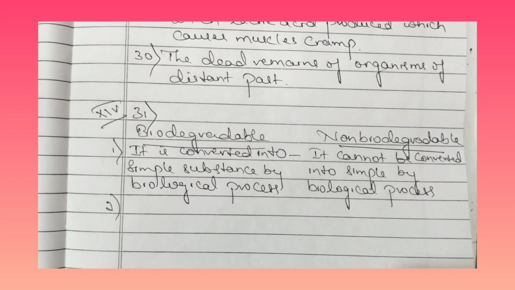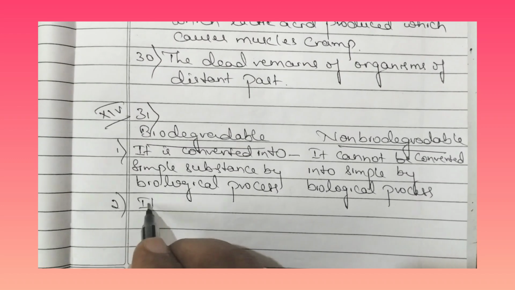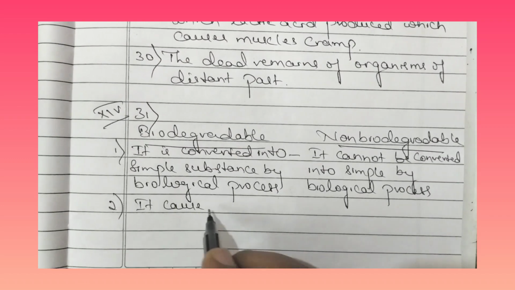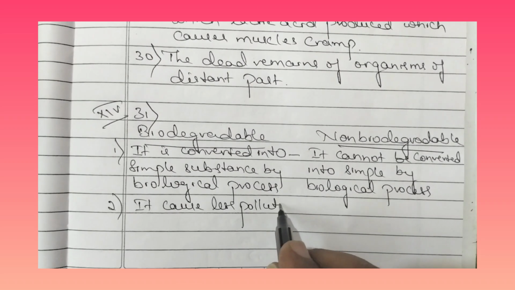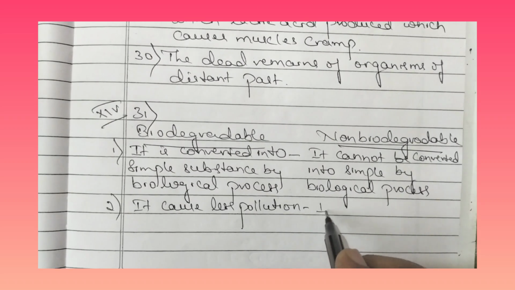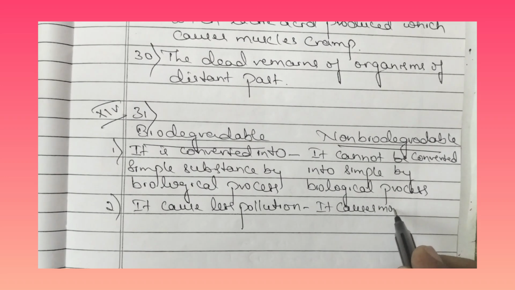Then the second difference between biodegradable and non-biodegradable: biodegradable causes less pollution, non-biodegradable causes more pollution.